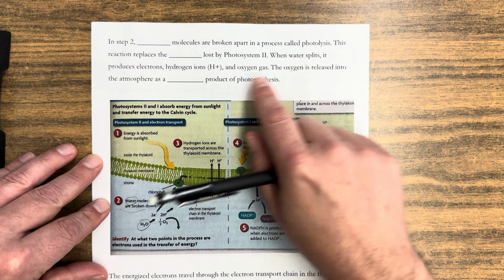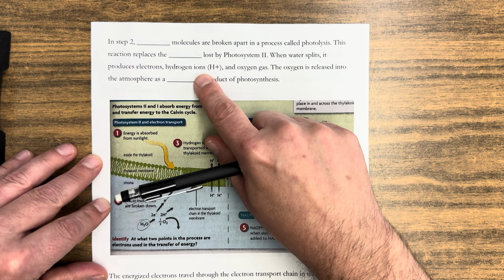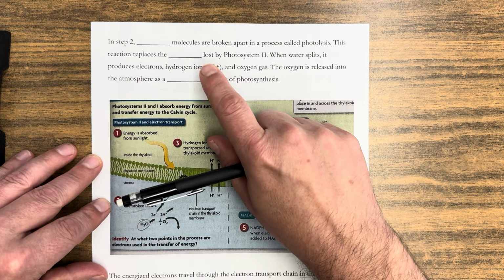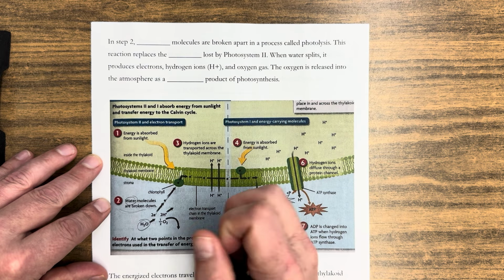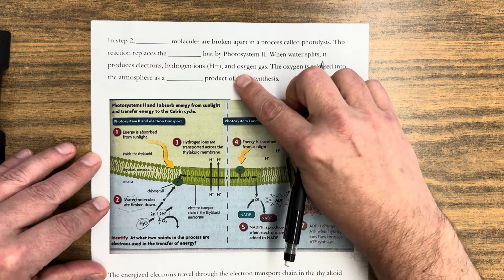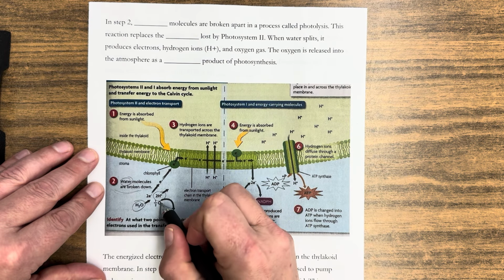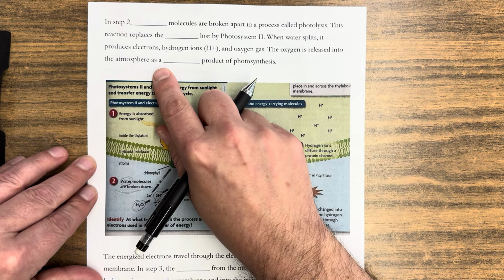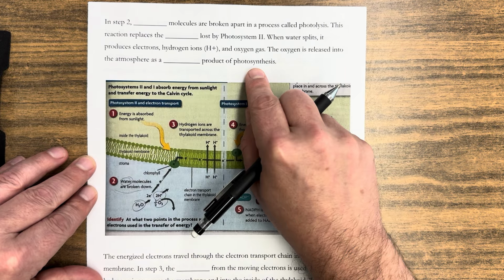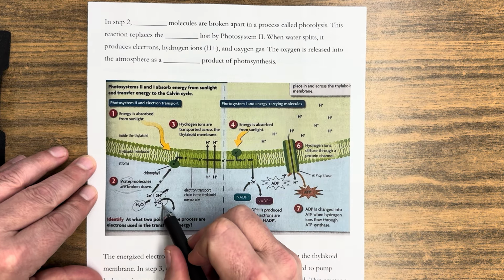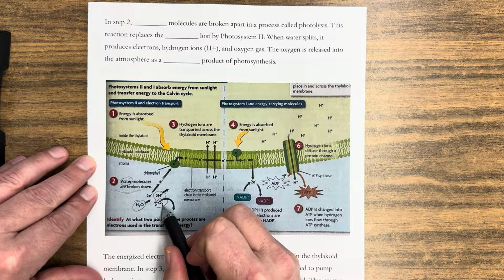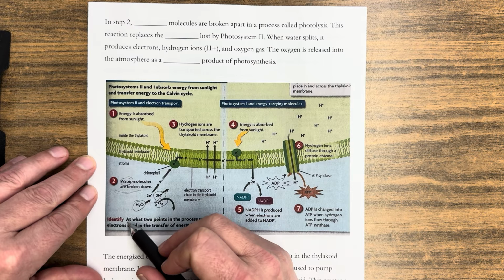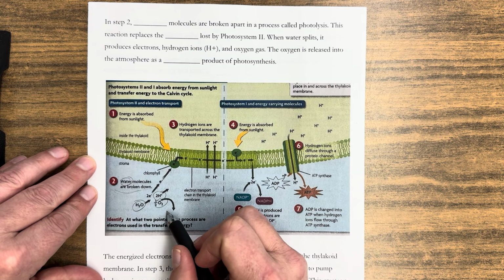When water splits, it produces electrons, hydrogen ions, which is the H+, which you see here, and oxygen gas, O2. The oxygen is released into the atmosphere as a waste product of photosynthesis. So there's our oxygen that is produced by plants. This is just a byproduct. This is a waste product of the plant.